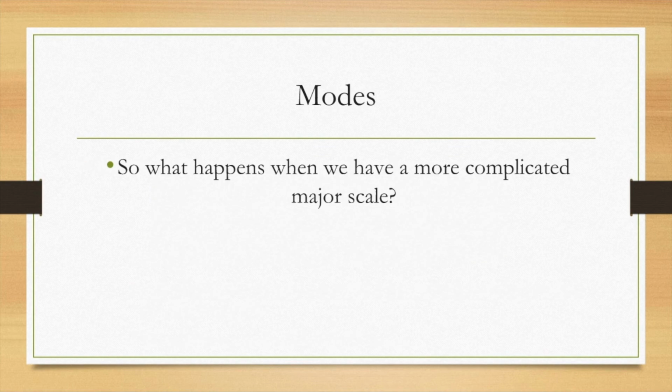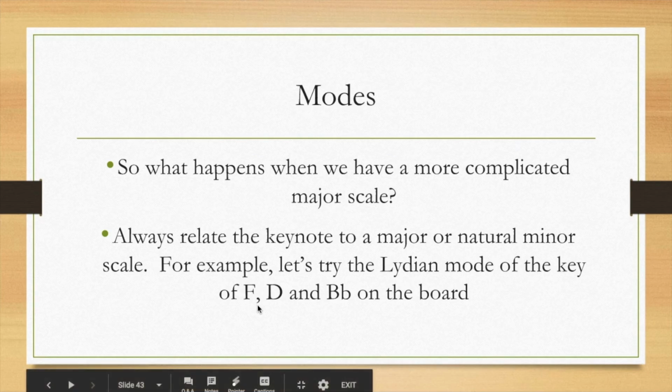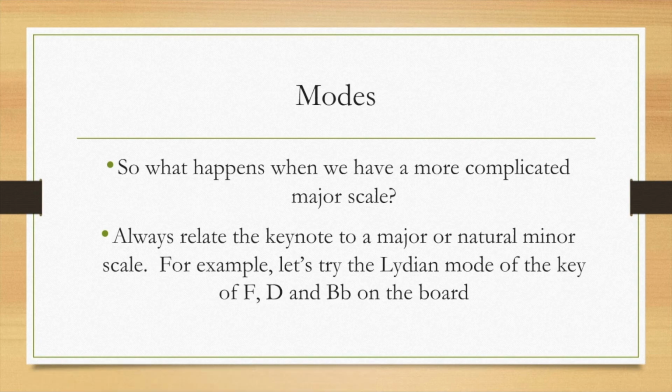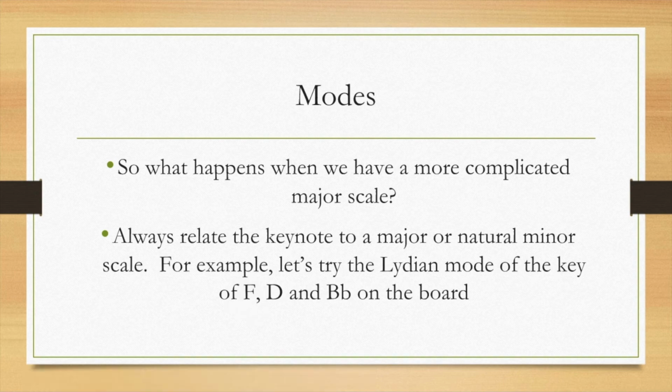So back to this question. Where does the Lydian mode of F start? The 4th scale degree of F, right? The 4th scale degree of F is a B flat. So the Lydian mode of F is B flat, C, D, E, F, G, A, B flat.